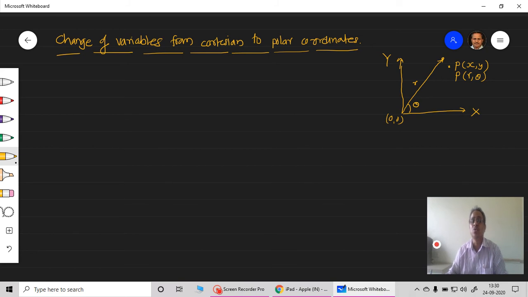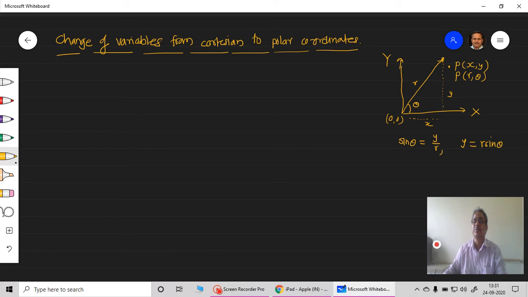So these are the two new coordinates, and from this diagram we can very easily find out the transformation equations. Suppose this will be y and this will be small x. You can use this right angle triangle method to find the sine and cos of theta. That diagram shows sine theta is equal to y upon r, and therefore y is equal to r times sine theta.